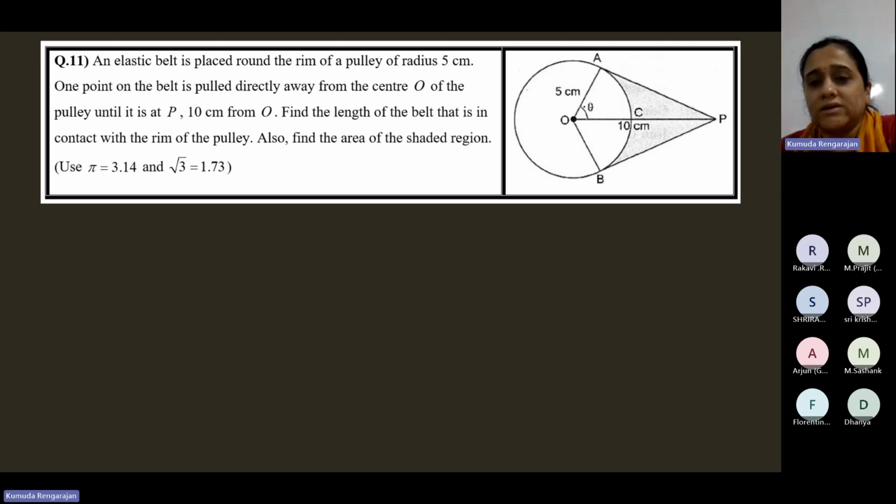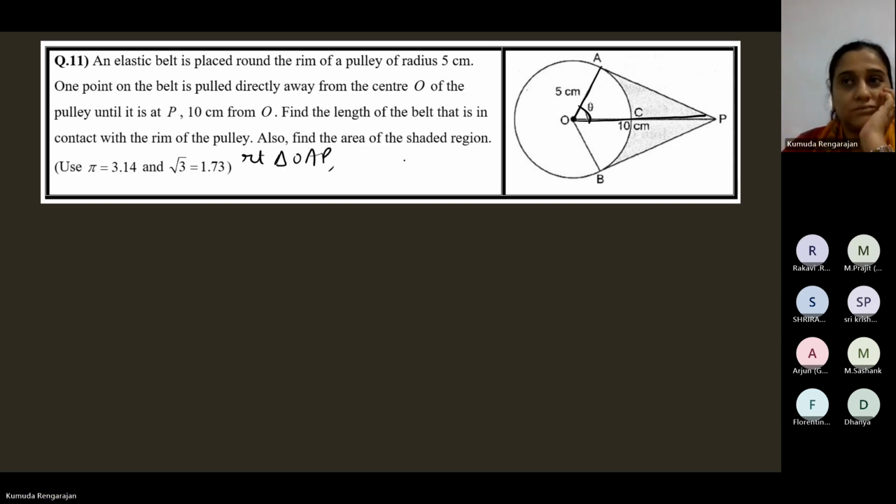Okay, so how do you connect theta with 5 and 10 centimeters in right triangle OAP? Tell me. Adjacent by hypotenuse, very good. Because this is the right angle, OP is the hypotenuse.